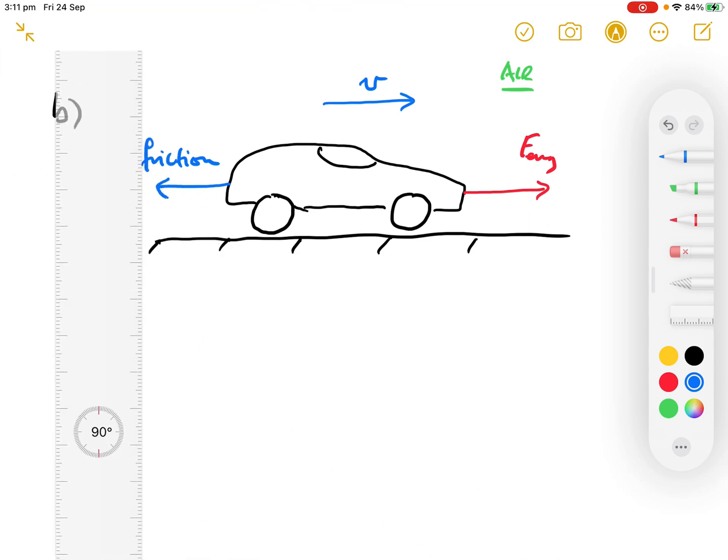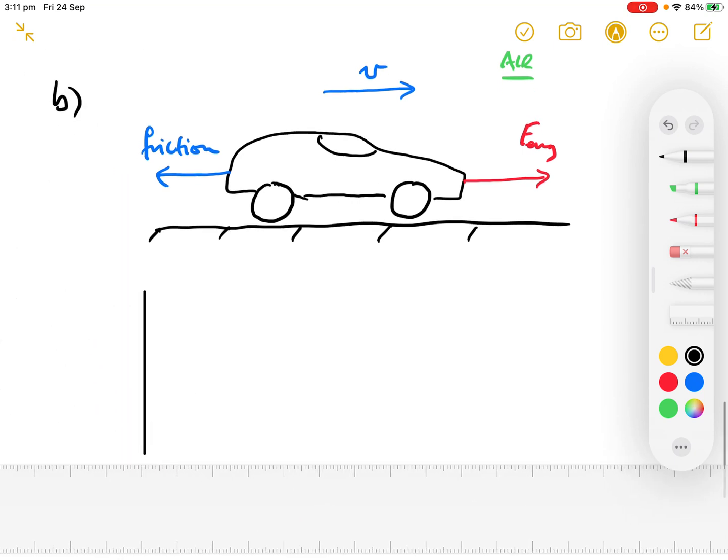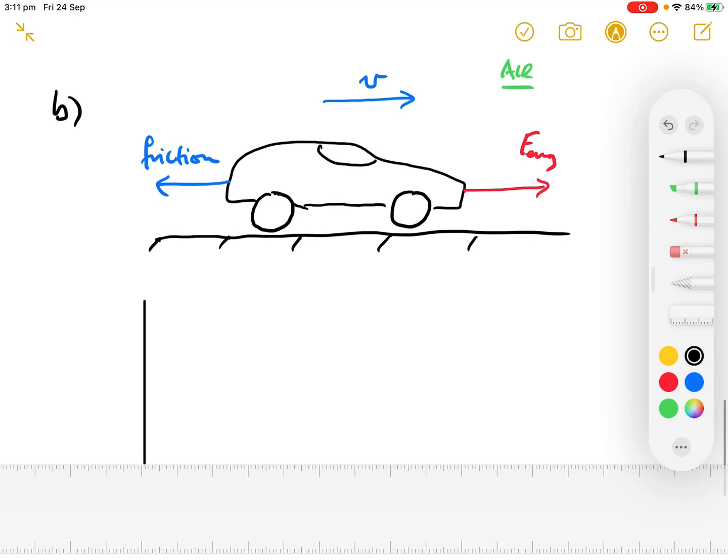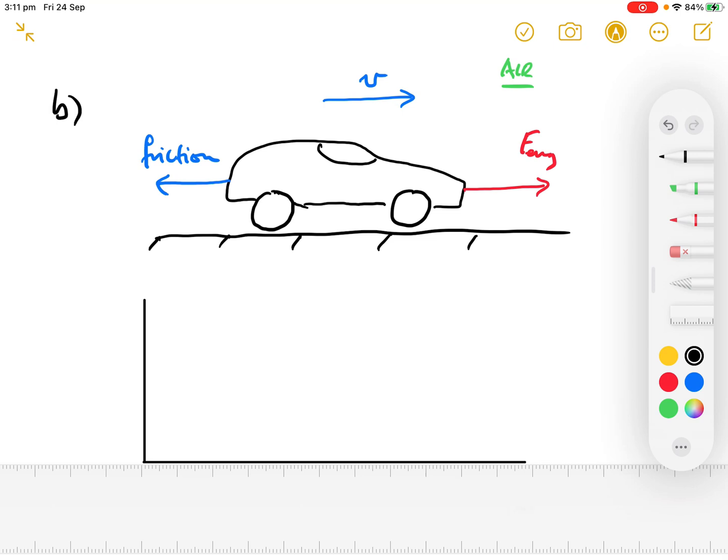Now, you don't need to know this graph, but I always mention it because it's quite useful to know. And it turns out that with regard to the drag, that's the air friction, air friction is the major component of the friction. The rest of it comes from all the moving parts, okay?